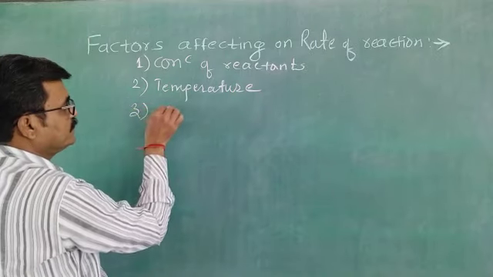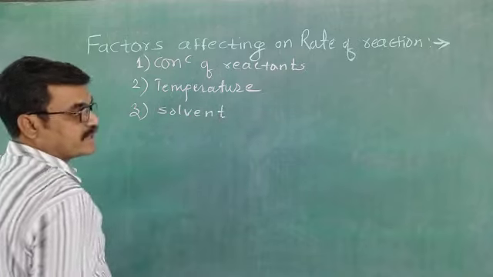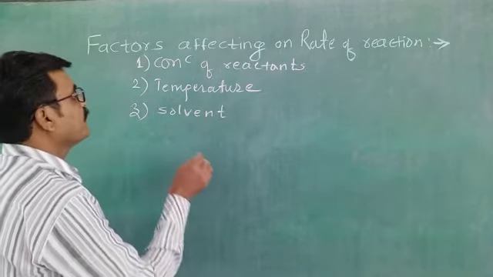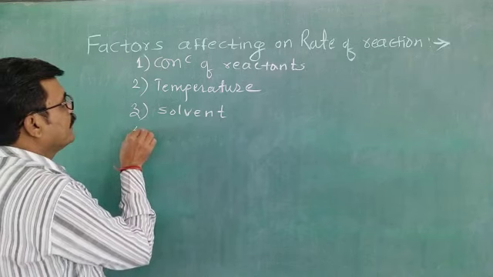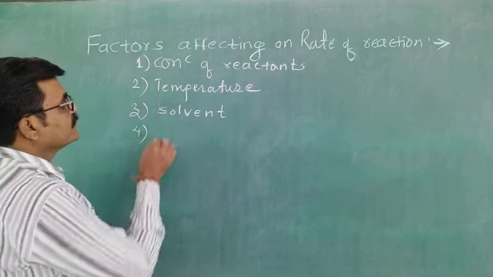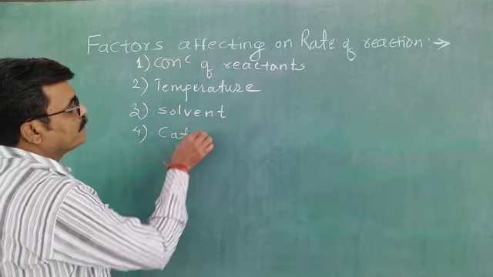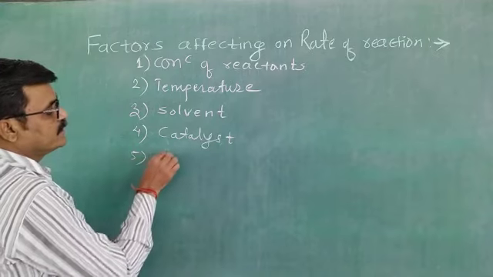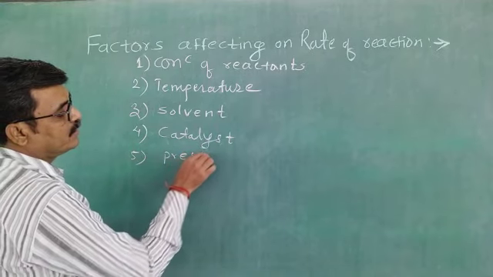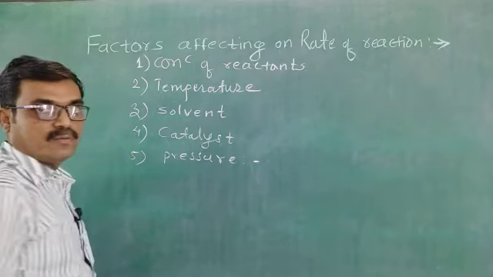Third one is effect of solvent, meaning the rate of reaction also depends upon the nature of solvent. And fourth one is the effect of catalyst on the rate of reaction, and last one is the effect of pressure on the rate of reaction. Now see one by one.